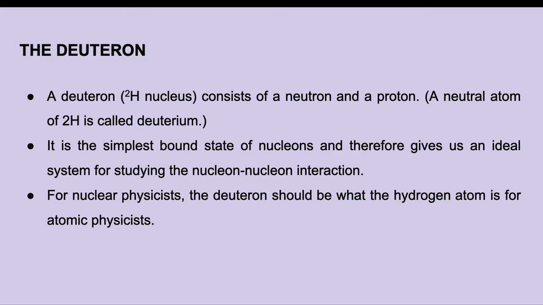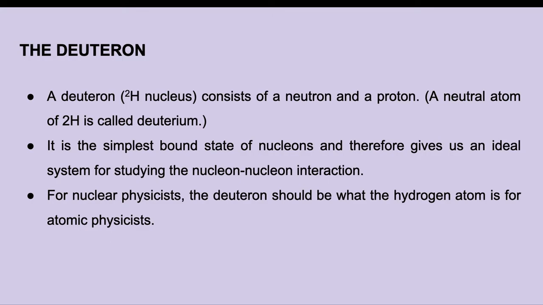So it is the simplest bound state of nucleons, and therefore gives us an ideal system for studying the nucleon interaction. For nuclear physicists, the deuteron should be what the hydrogen atom is for atomic physics.